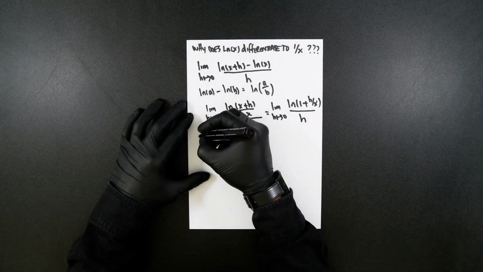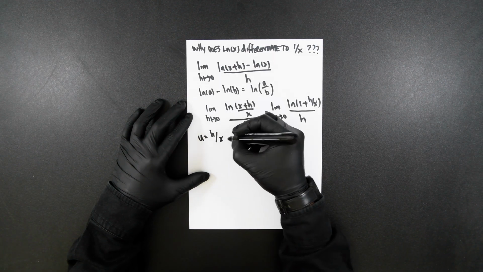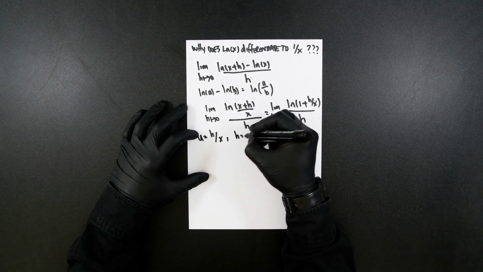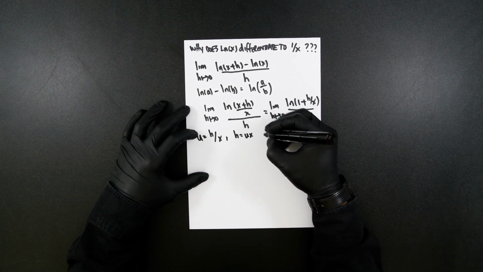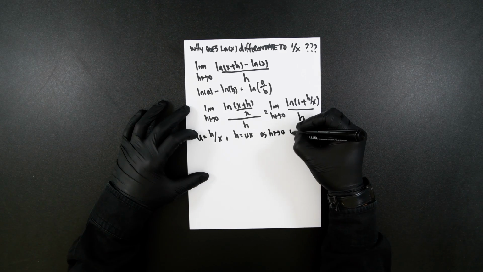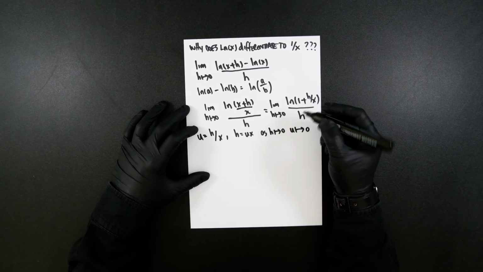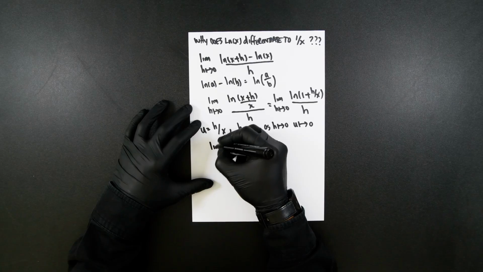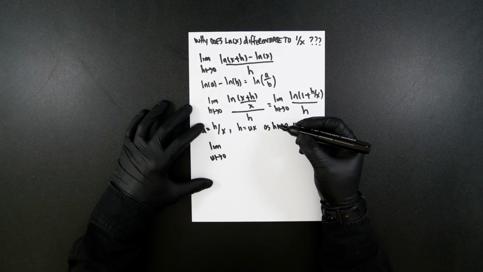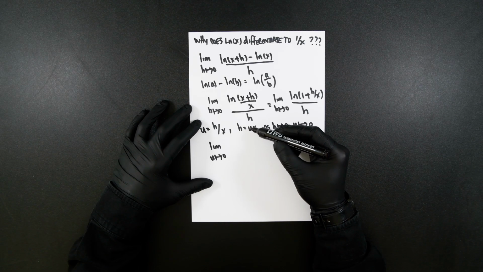Now we can sub in u equals h over x, or if we rearrange this, h equals ux, as h goes to 0 and u goes to 0. So if we have the limit of u going to 0, we need to substitute in all of our values of h where it contains a u value.